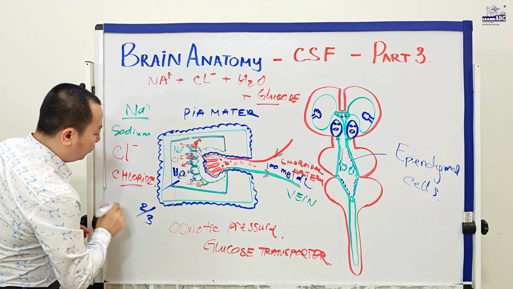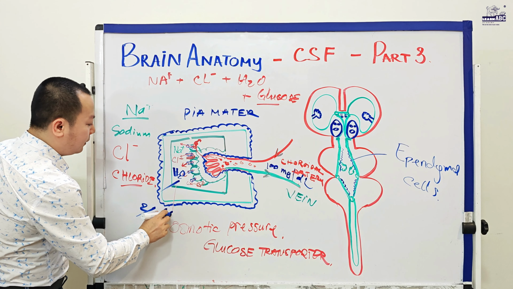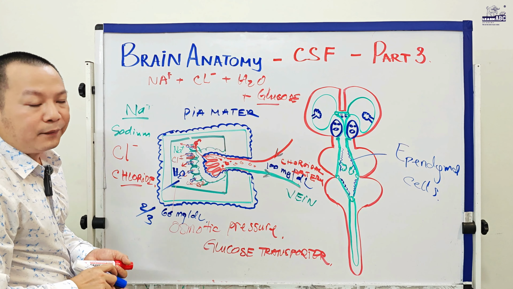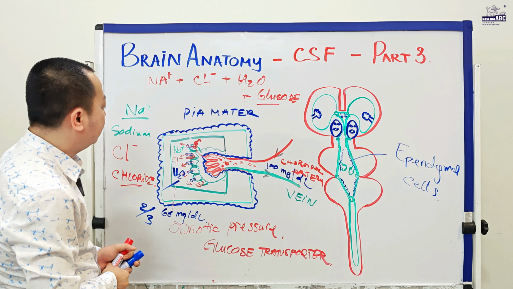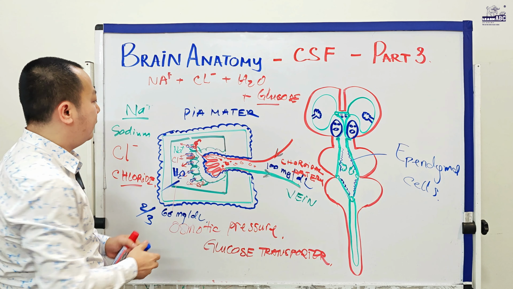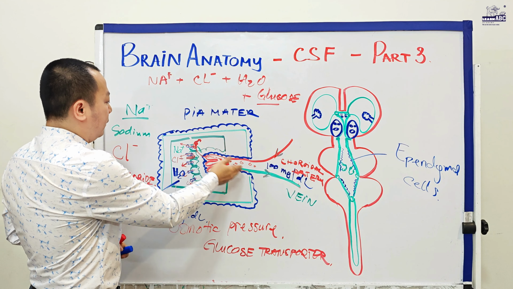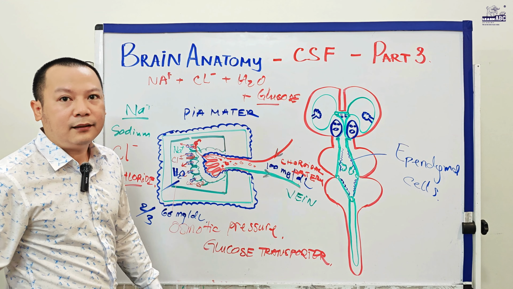How many? 2/3 of that, around 66 milligram per dl, right? So this is the way the CSF is formed in the cavity through the choroid plexus, right?